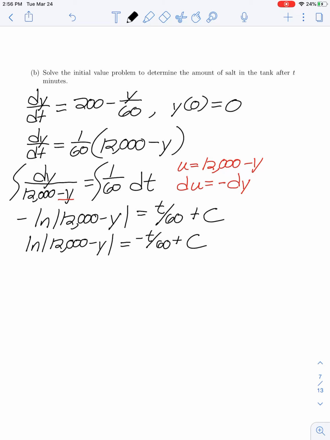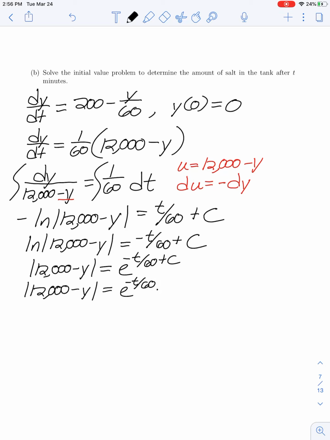Now, to get rid of my natural logarithm, I could exponentiate both sides, and I would have the absolute value of 12,000 minus y is equal to e to the (negative t over 60 plus c) power. And as we mentioned in the first part of the section 4.3 material, we could rewrite this in the following way. The absolute value of 12,000 minus y is equal to e to the negative t over 60 times e to the c power.